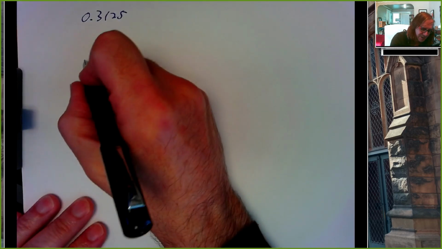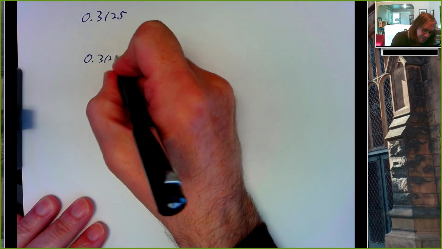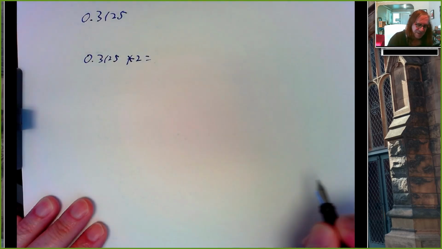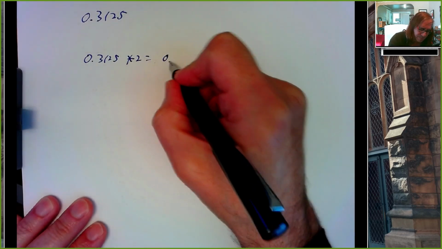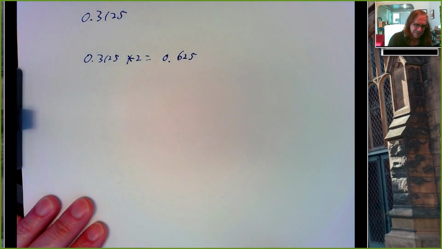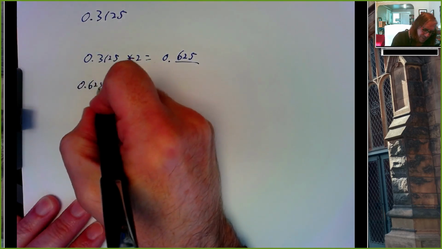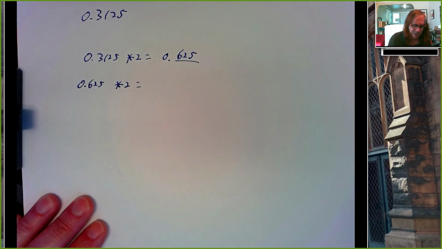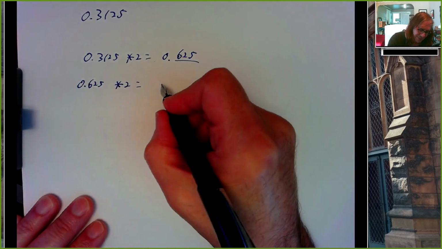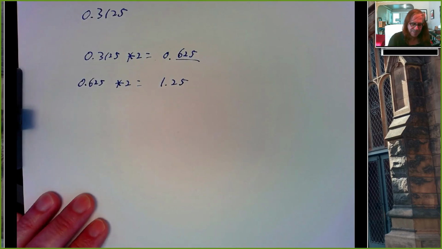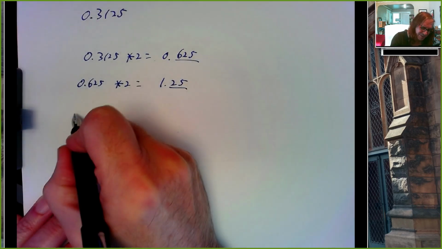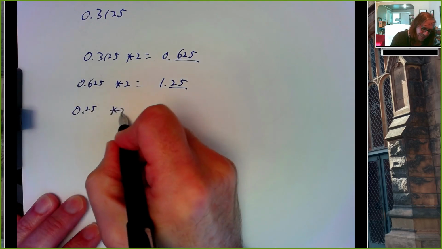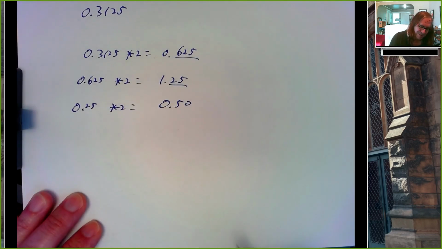All right, so let's start off with that. Let's multiply by 2, and we'll get 0.625. We take the decimal part of it, multiply by 2, and we get, I made my life hard here, 1.25. We take the decimal part, multiply by 2, we get 0.50.